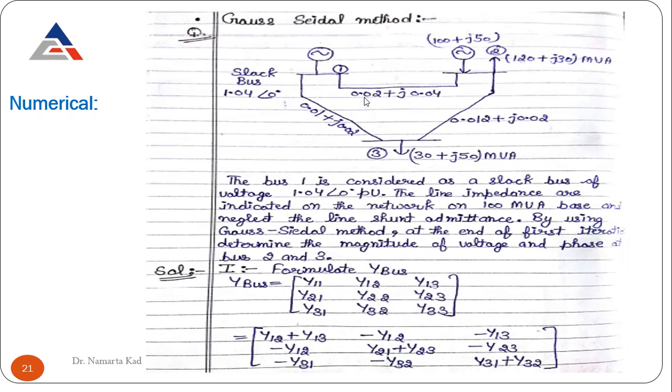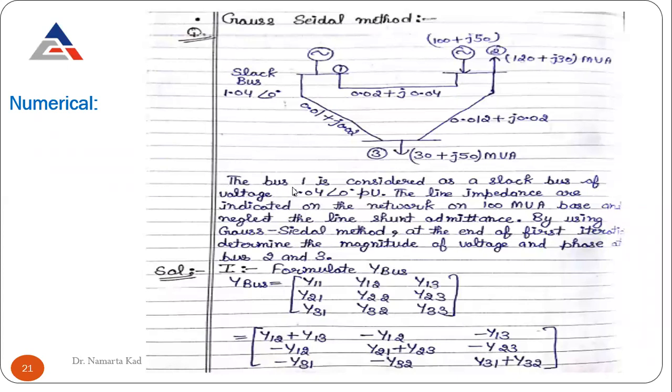It is given here 0.02 plus j0.04, here it is 0.01 plus j0.02, and 0.012 plus j0.02. And a generator is attached to bus number 2 with 100 plus j50, and this one is the load 120 plus j30, and here no generator is attached to bus number 3.